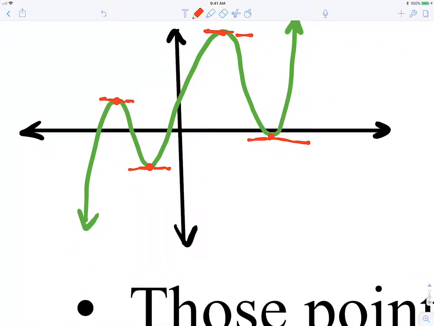Well, in that neighborhood, if we were to think about an open interval around that point where that first horizontal tangent line is, the y value at that point would be greater than any of the other y values for x values on that interval.